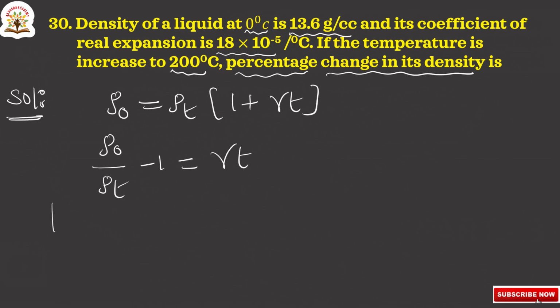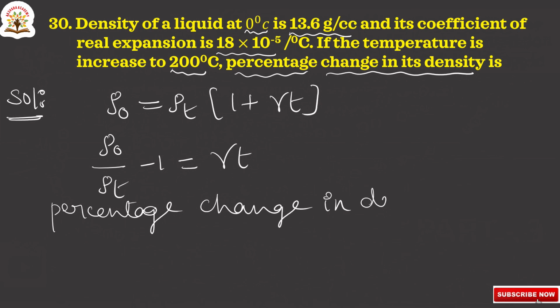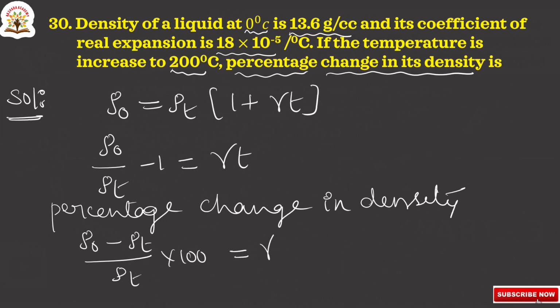Now percentage change in density, that is rho naught minus rho t by rho t into 100 is equals to gamma t into 100.